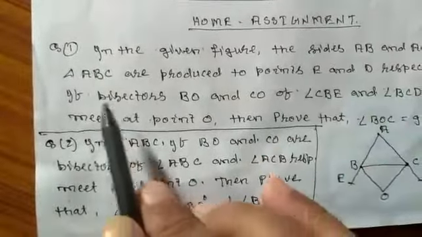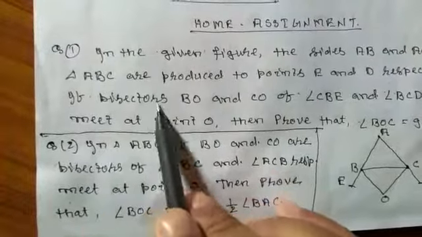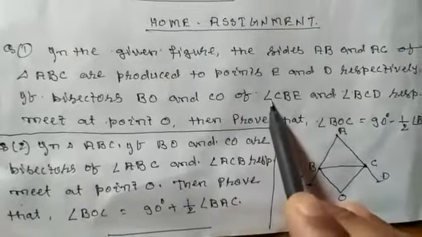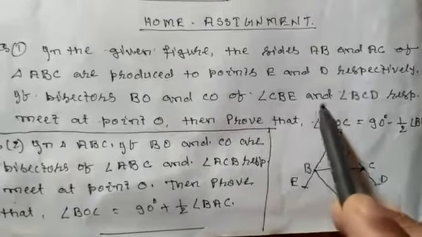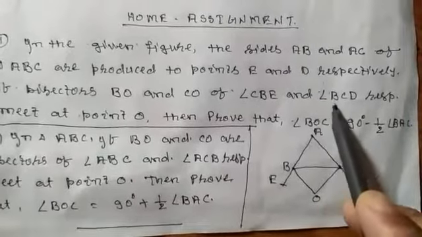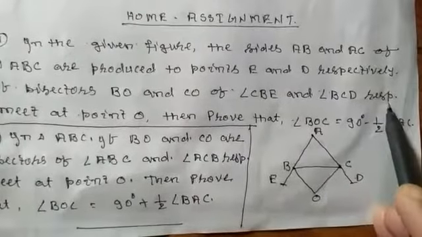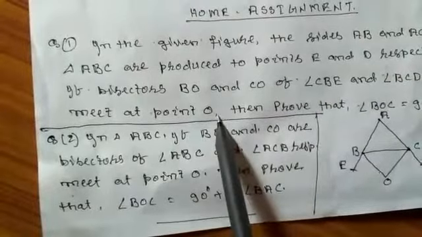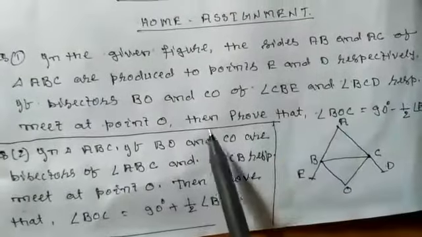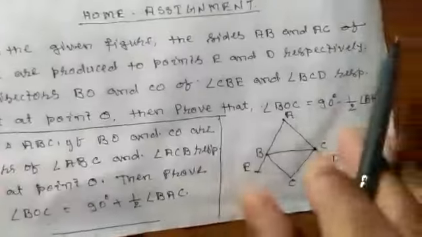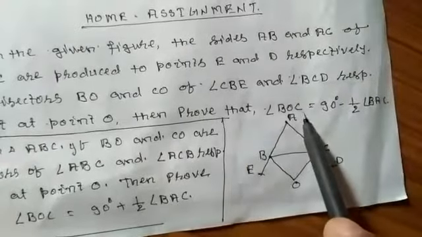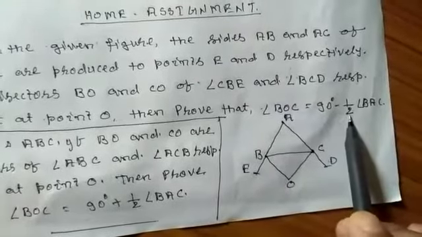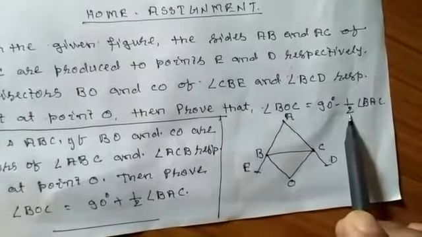If bisectors BO and CO of angle CBE and angle BCD respectively meet at point O, then prove that angle BOC equals 90 degrees minus half of angle BAC.